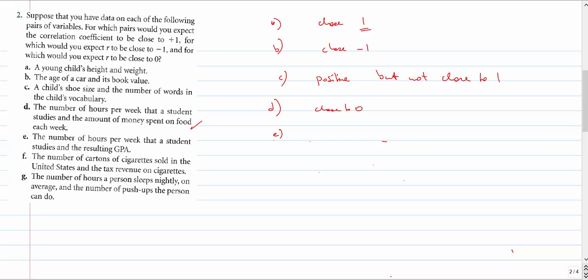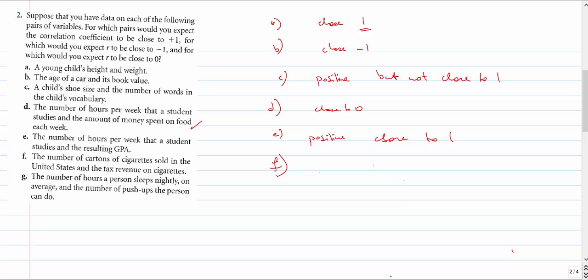E, the number of hours per week that a student studies and the resulting GPA, I would say this is positive. The more I work, the better result I'm likely to get for GPA. So I would say close to 1. F, the number of cartons of cigarettes sold in the United States and the tax revenue on the cigarettes.